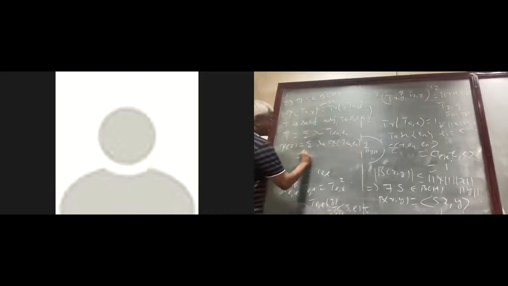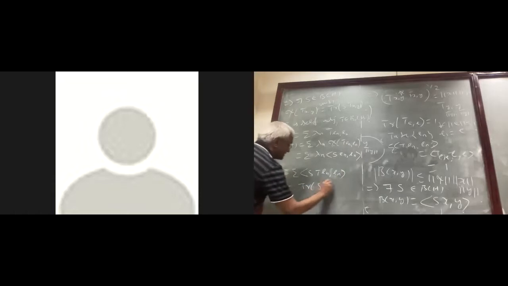So this implies trace of T. The trace of chi of T you want to find, which is equal to, chi is continuous, so you can take it inside. So chi of T e_n, e_n, so this implies chi of lambda n, T e_n, e_n.